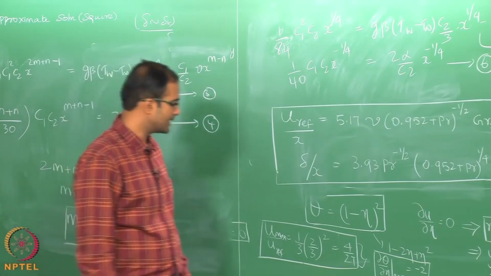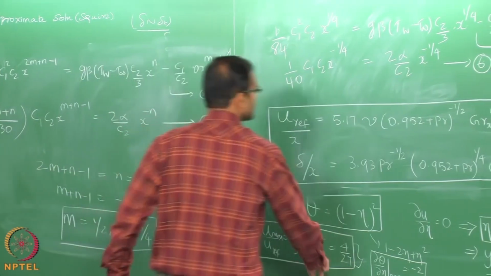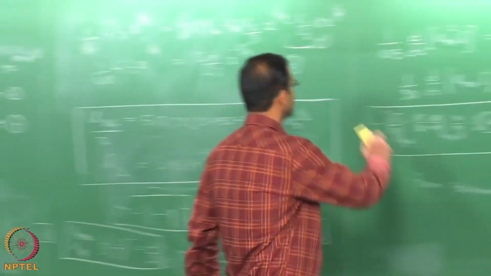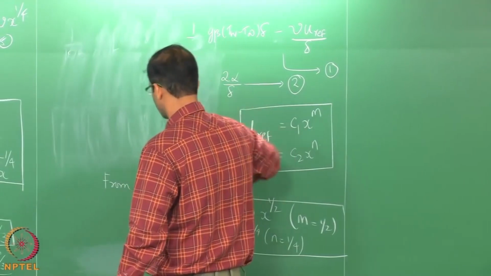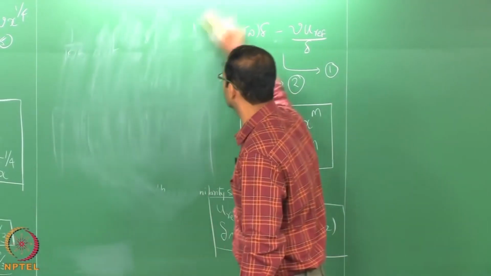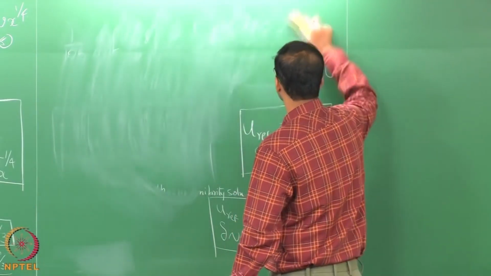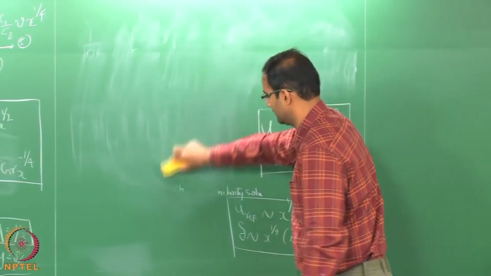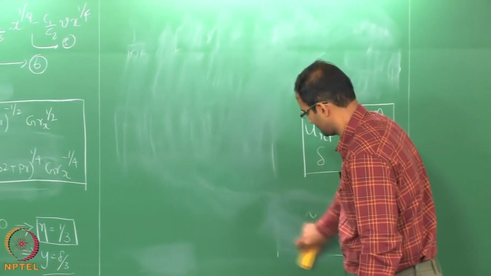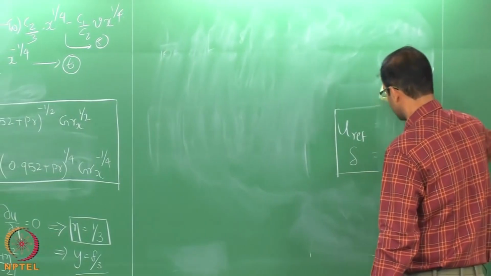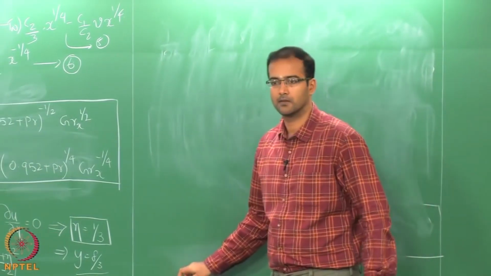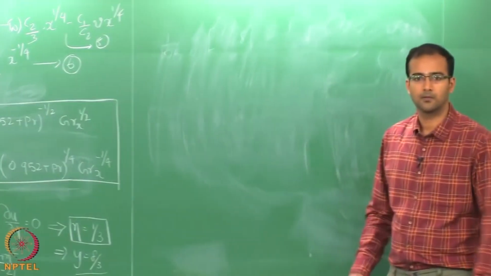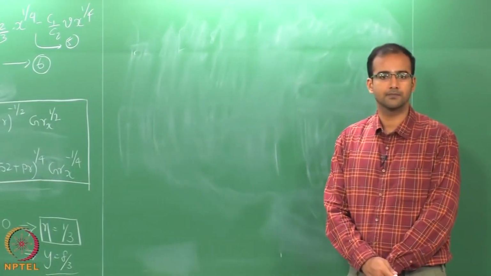So now what is the final step? You have got your two unknowns. So what is remaining? What is remaining to be determined?